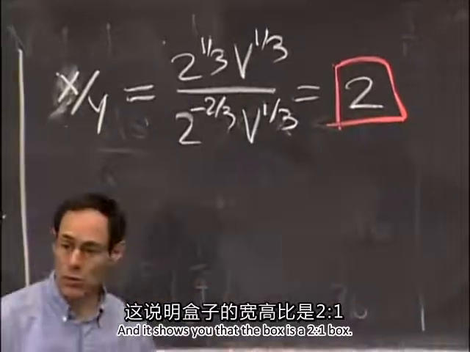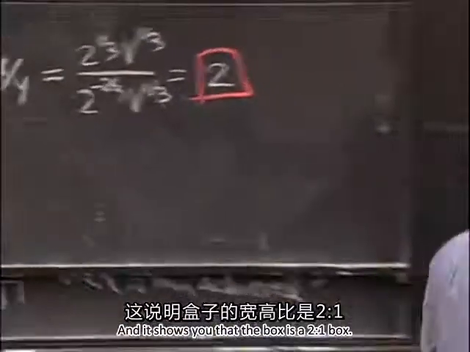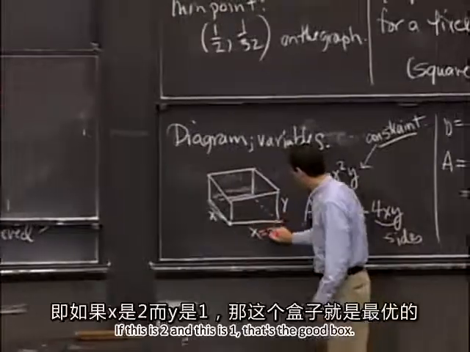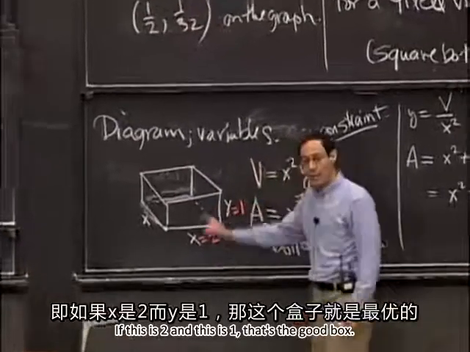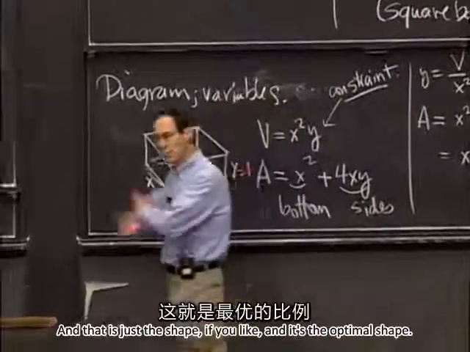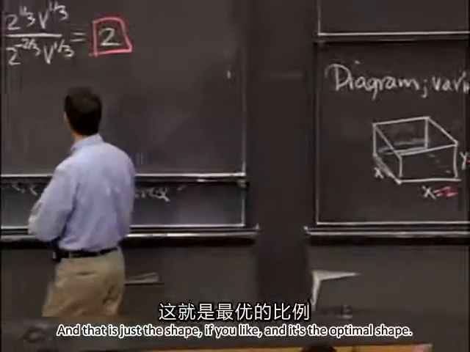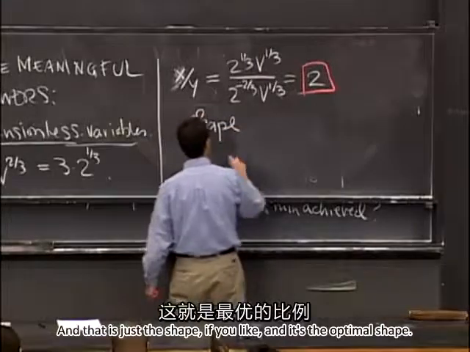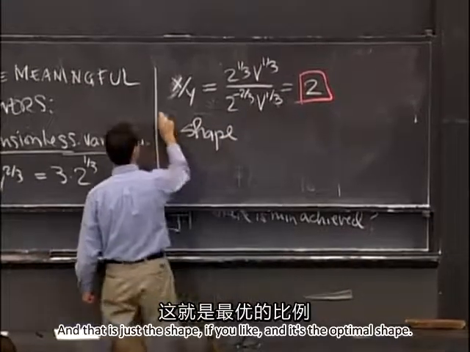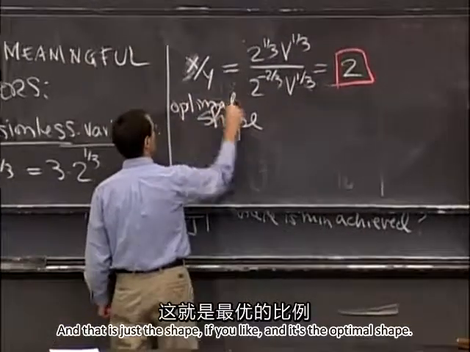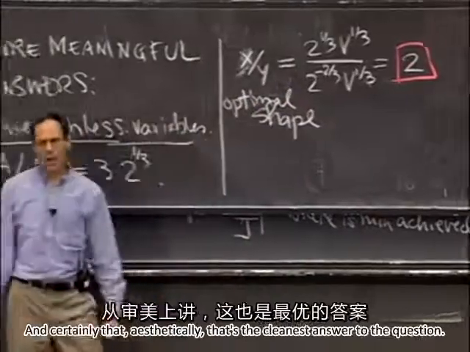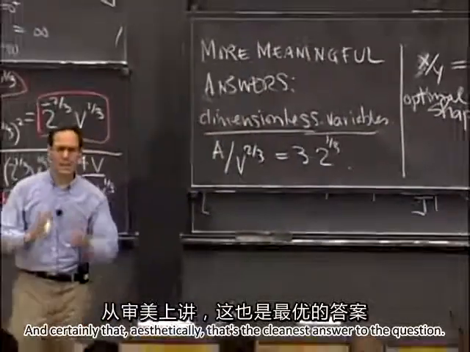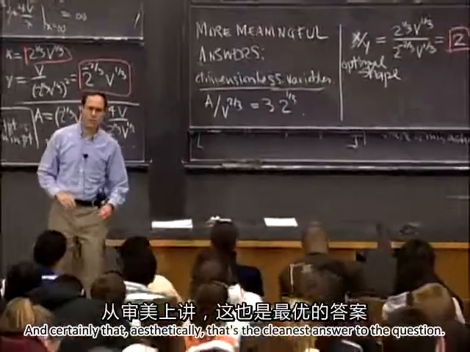And it shows you that the box is a 2 to 1 box. If this is 2 and this is 1, that's the good box. And that is just the shape, if you like. And it's the optimal shape. And certainly, aesthetically, that's the cleanest answer to the question.